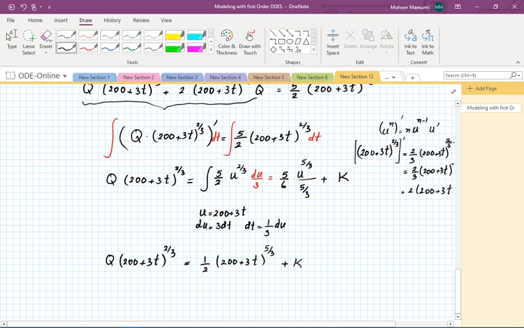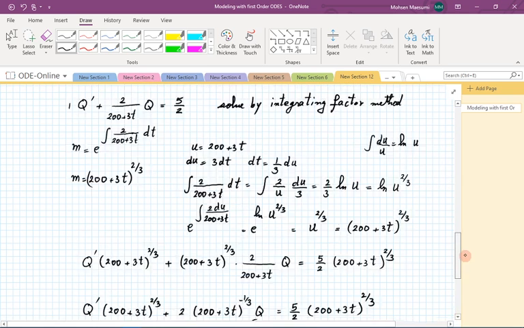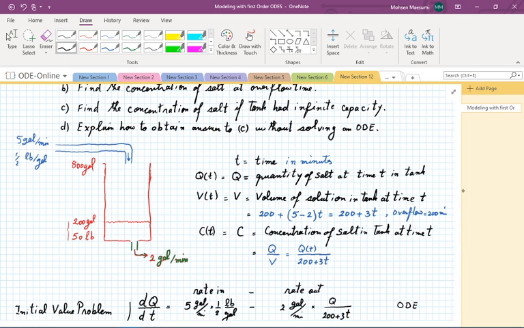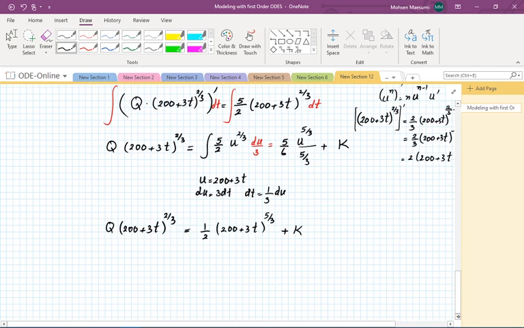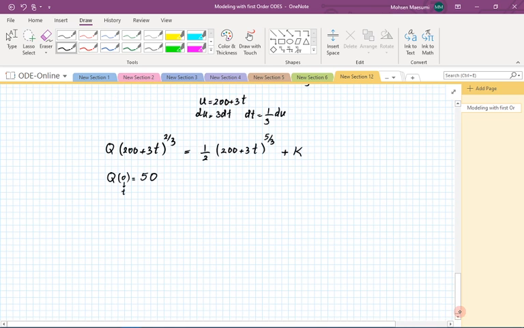And now I have my constant. As soon as the constant shows up, that's a good place to enforce our initial condition. You remember our problem has the initial condition, which is the amount of salt in the tank at time 0, and that is reflected here and again here. So when you have an initial condition, you might as well apply it as soon as the constant shows up. So remember, Q of 0 is 50. So who is 0? Time is equal to 0. So I go ahead and replace all the quantities.